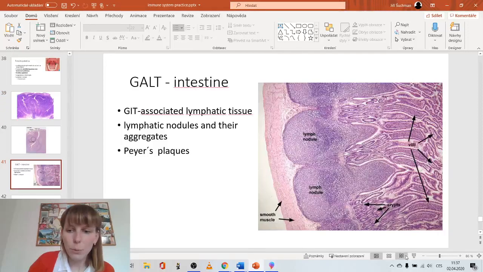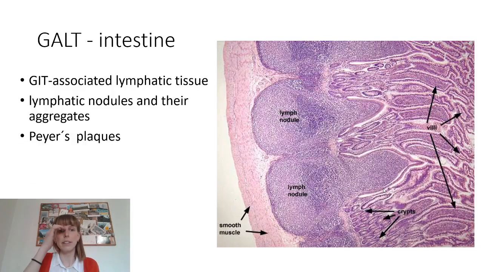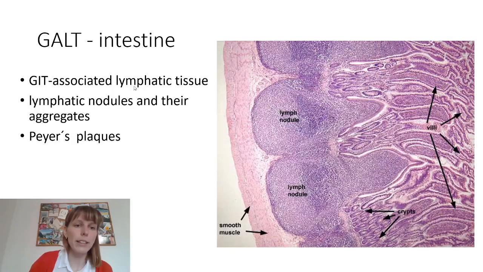And the last one today is the GALT, which is GI tract associated lymphatic tissue. So many abbreviations here, but GALT is just lymphatic follicles or nodules. That's the same thing. So lymphatic nodules, meaning accumulation of lymphatic cells in the wall of the intestine.